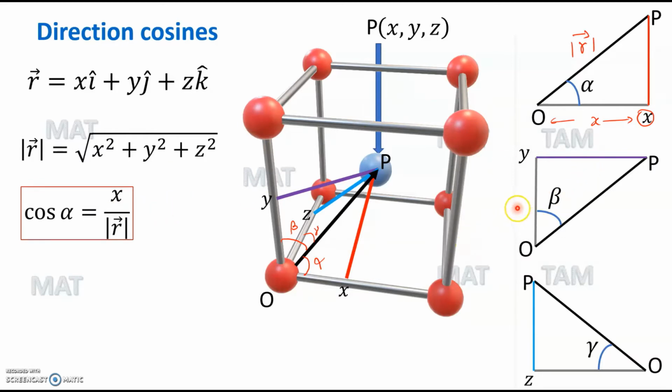Cos beta will be defined as the adjacent side of this triangle OYP over the hypotenuse of the triangle. So what is the adjacent side of OYP?